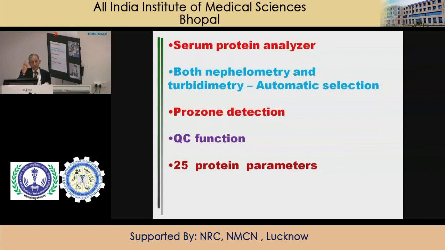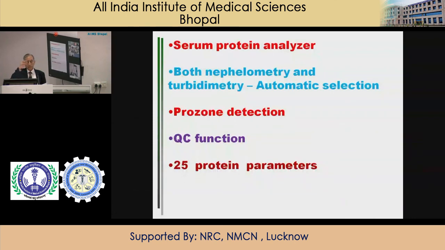The prozone effect is very important in the clinical laboratory, because if a very large concentration of the antigen of that particular protein is present, the machine will tell that it is a very low concentration. That is the difficulty with the prozone effect. It can be detected here because the instrument takes readings at 1 second, 2 seconds, 3 seconds, 4 seconds, like that. So whether turbidity initially increases and then goes down, that particular pattern can be identified by the machine.